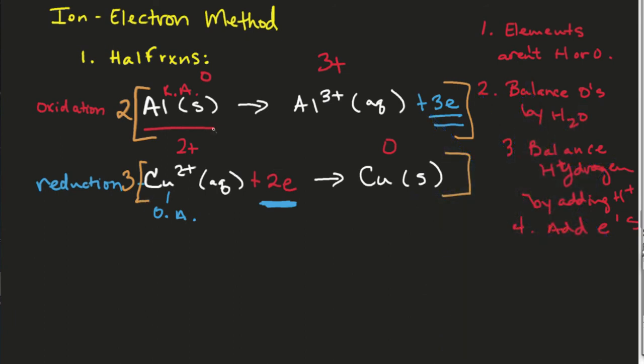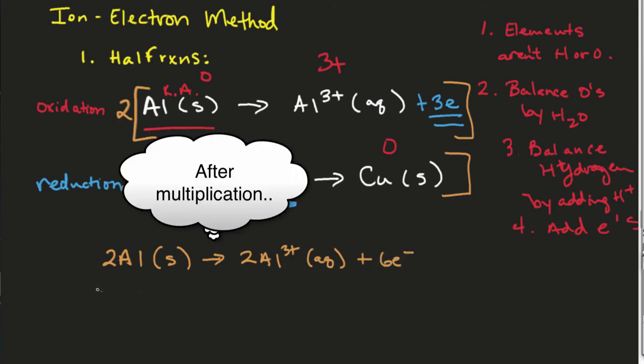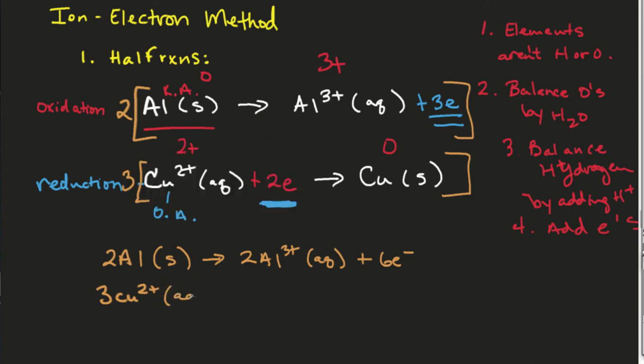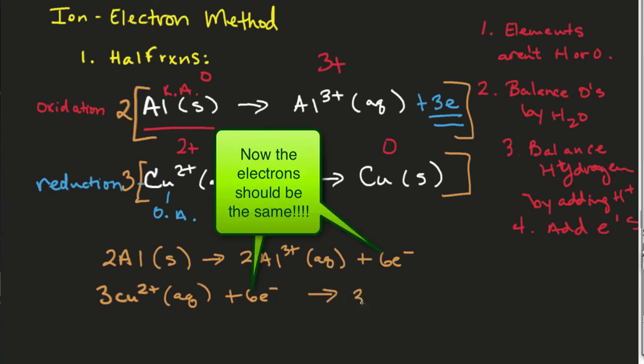So when I do that, I'm going to get 2Al solid, 2Al3+ aqueous, plus 6 electrons, and then 3Cu2+ plus 6 electrons, 3Cu solid.